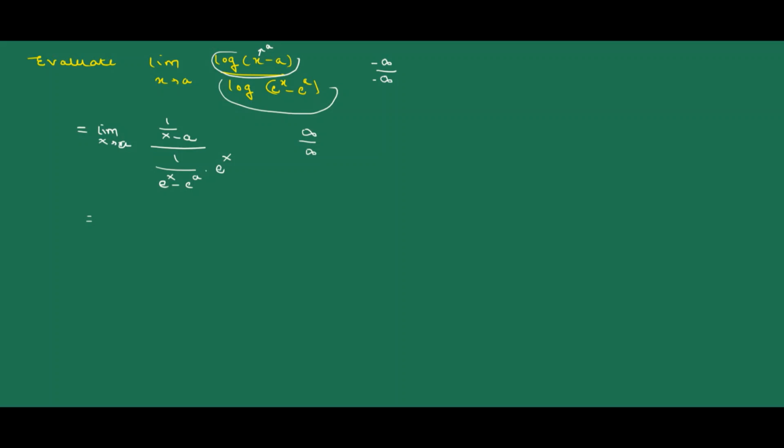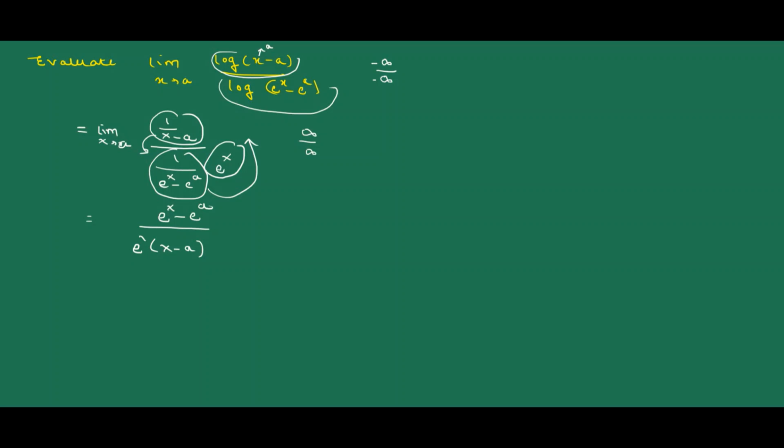So what I will do, I will transpose this 1 divided by x minus a to the denominator. What you will get is only x minus a. Transpose this 1 divided by e raised to x minus e raised to a to the numerator, you will get e raised to x minus e raised to a, and in denominator this e raised to x as it is.